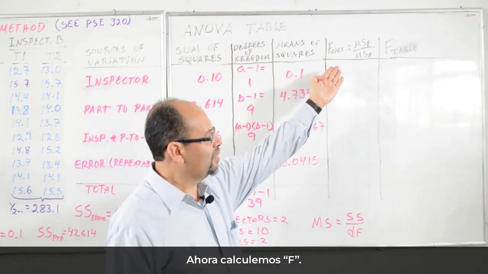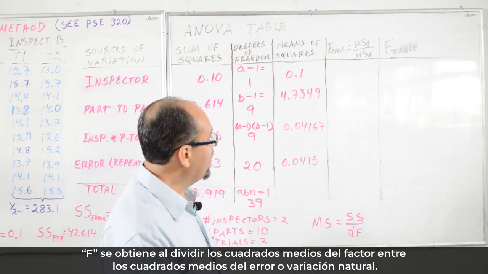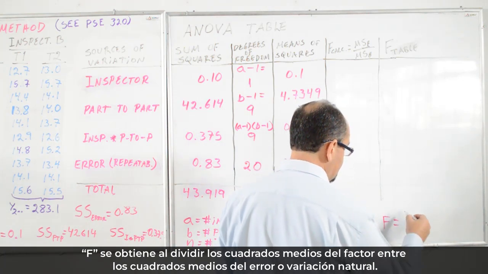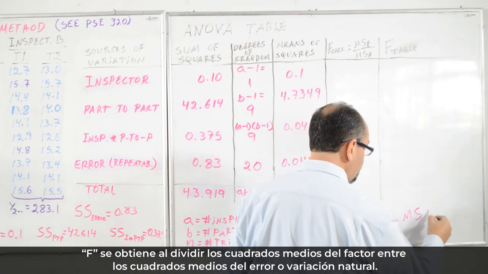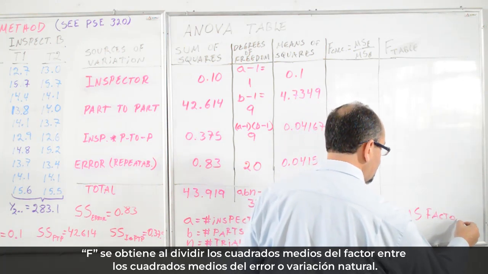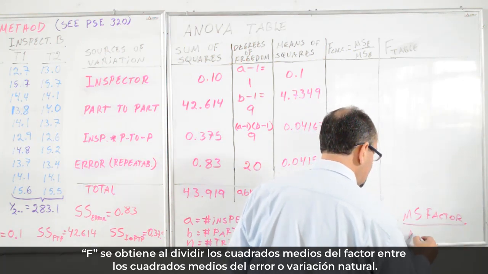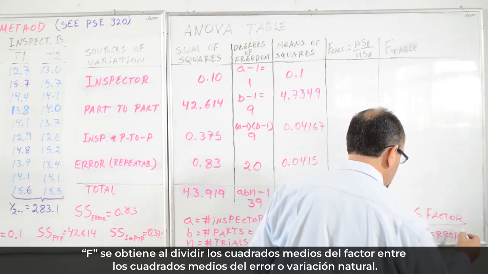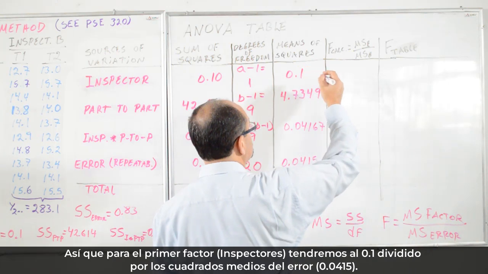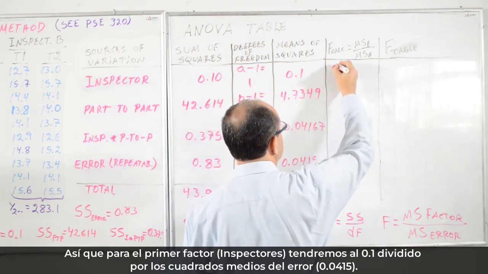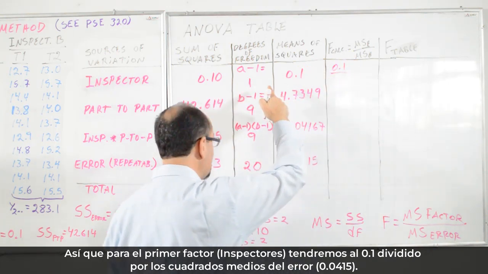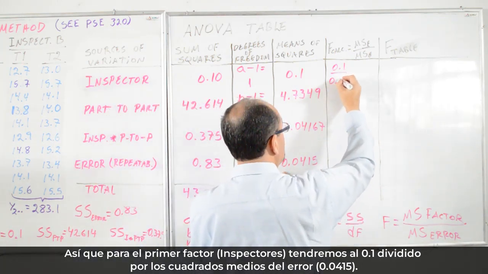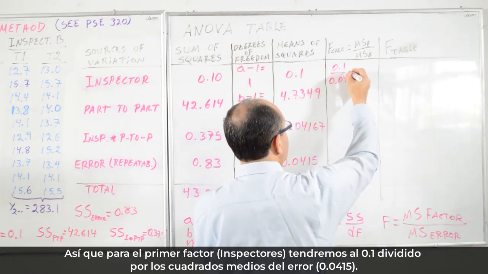Now let's calculate F. F basically is the mean square of the factor divided by the mean square of the error, or of the natural variation. So for the first one, it will be 0.1 divided by the mean square of the error, which is 0.0415.